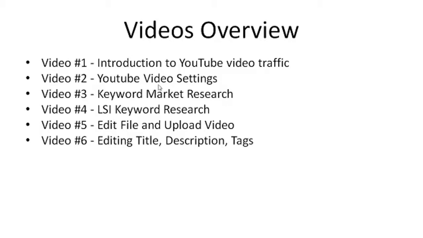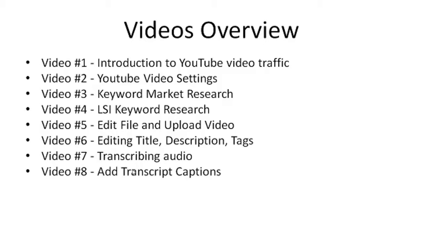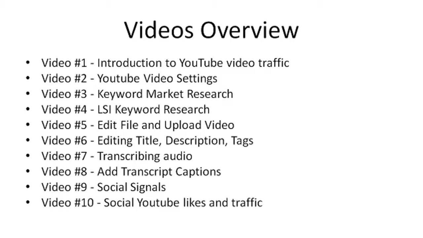Then we'll take all the stuff that we researched, we'll add it to the title, description, and tags, and then of course we'll get somebody to transcribe the audio, add transcript captions, then we'll point social backlinks, which are basically social signals, Facebook likes, people talking on Facebook about your video. Stuff like that is considered a social backlink. And then we'll talk about social YouTube likes and traffic to increase your popularity.